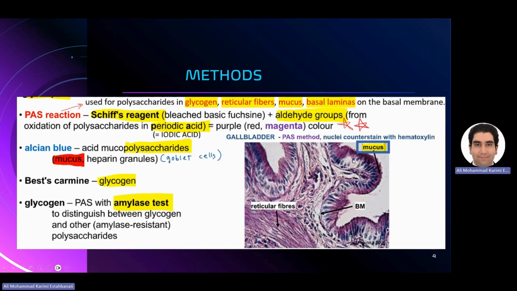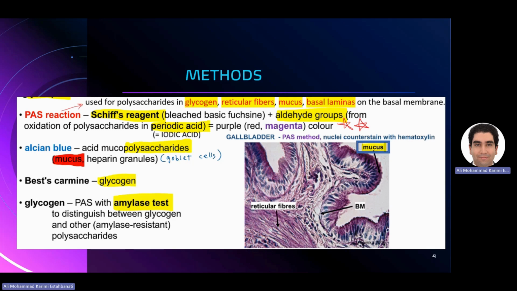Here is a slide of gallbladder. PAS has been used. We can find reticular fibers and the mucus here, which are the most important ones, and the basement membrane. PAS reaction is used for detection of polysaccharides like reticular fibers, mucus, glycogen, and basal lamina, which we find in the basement membrane.